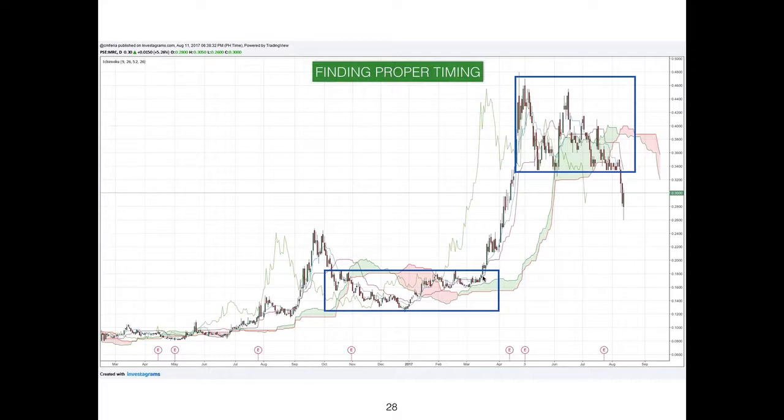Third condition was that the Chikou span has to be above the price. If we count 26 candlesticks back, the Chikou span broke above prices at this level. This was the candlestick that followed afterwards. In this candlestick, price was already above Kijun, Tenkan, and Kumo, but the Chikou span was still trying to get above the price.